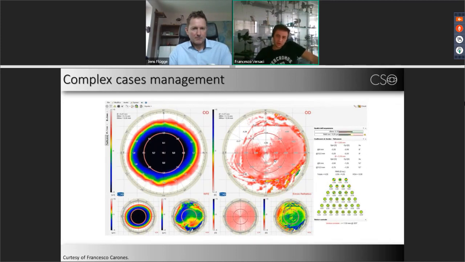Something similar is shown in this slide from Francesco Versaci. So if you look at the refractive error on the right, you will see that there is a kind of circular shape.